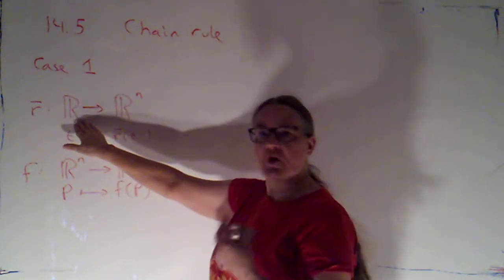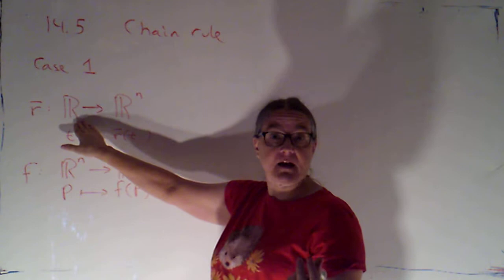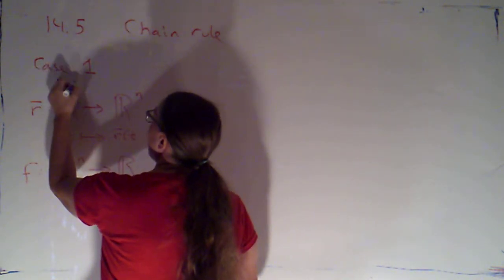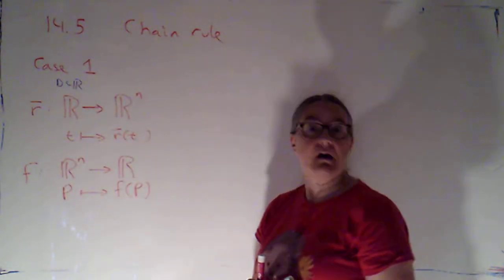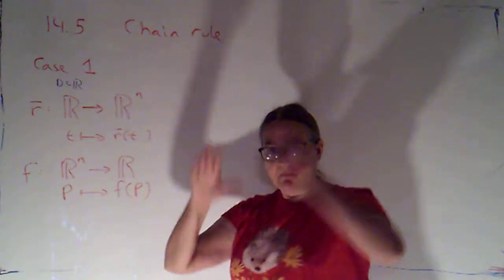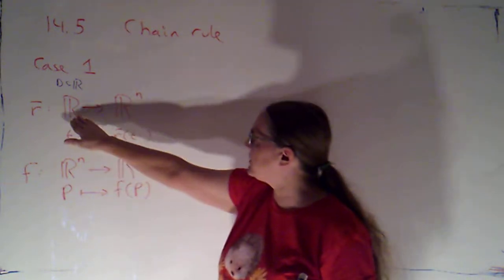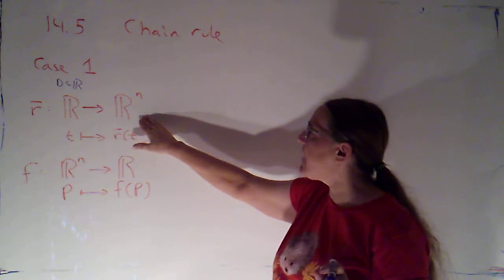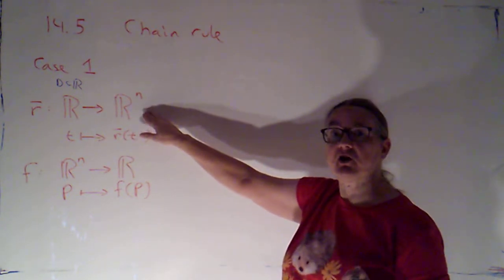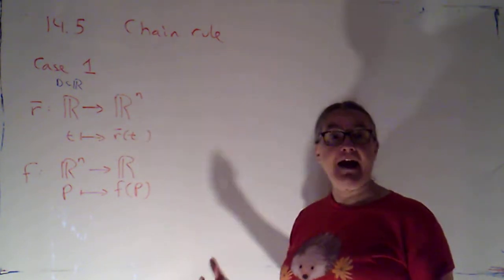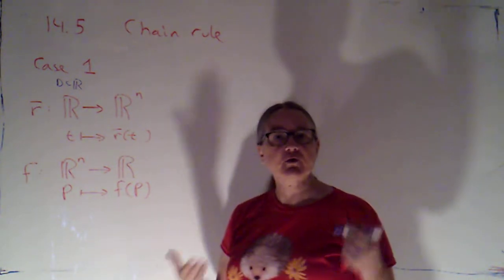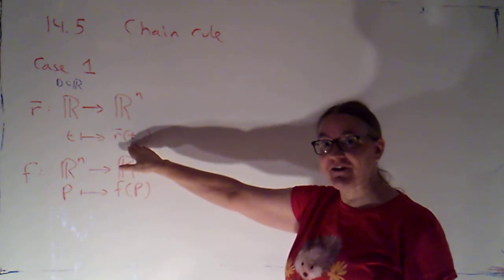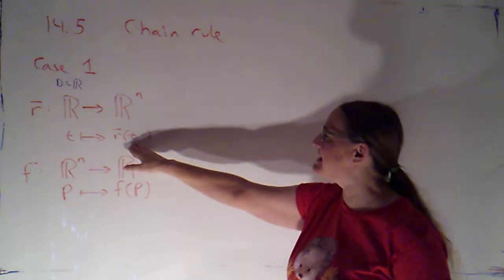Now, I've written it with the domain being all of R. Of course, for some vector functions, we would need to replace that with the domain, which would be some subset of R. I'm just writing it right now with the domain being all of R so that we can really clearly see that this is a one-dimensional input that we're then mapping to a multi-dimensional output. Our output would be a vector in n space, and of course we associate that vector with a point. We think of this as the position vector for a point in n space.